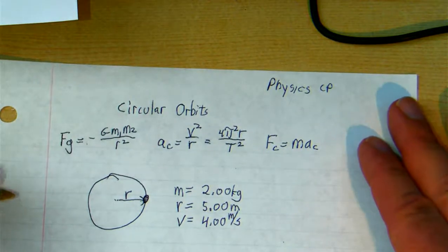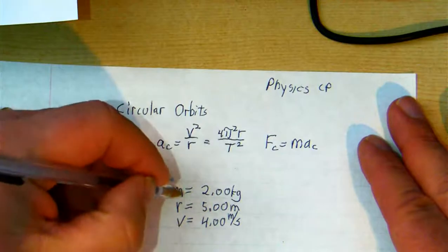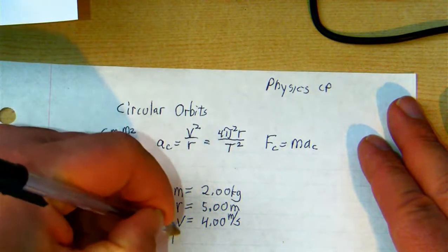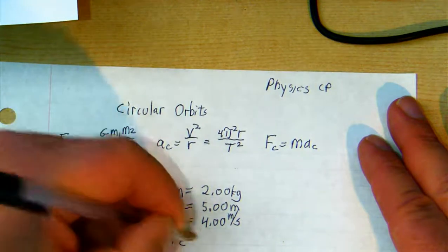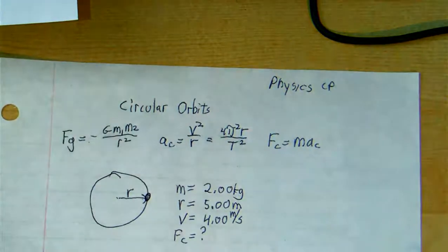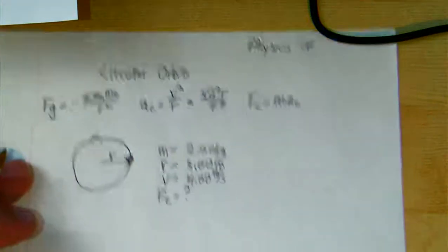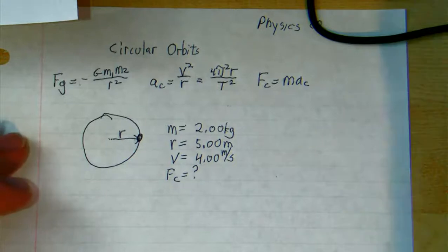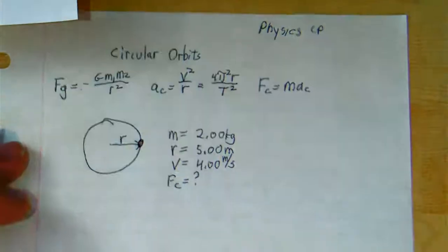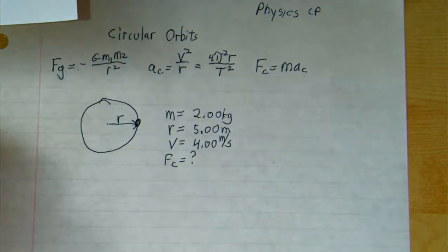And my question is, so what is the centripetal force needed to keep this mass moving in that circle at that speed? Okay, so pause this video, calculate it.